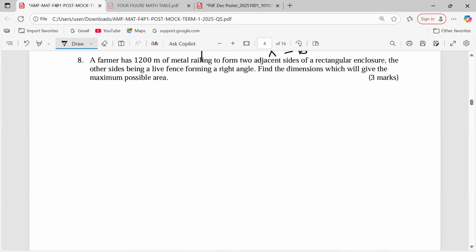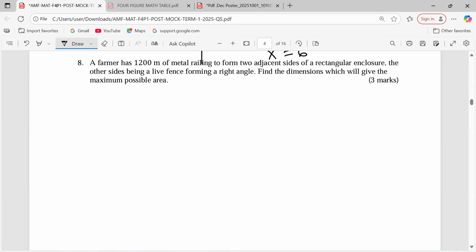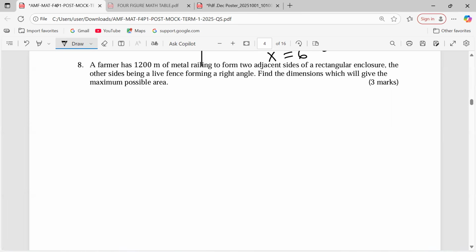Find the dimensions which will give the maximum possible area. So we need to say that in our rectangular enclosure, let me try to sketch it. The rectangular enclosure is that way.